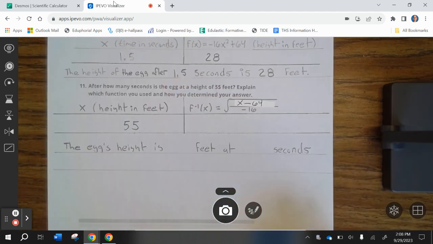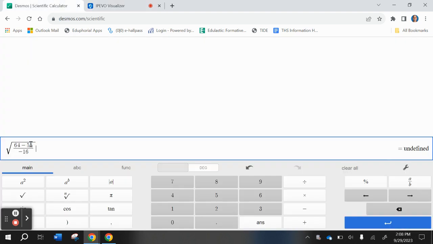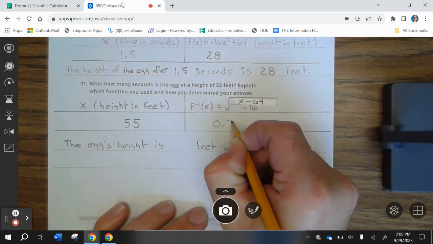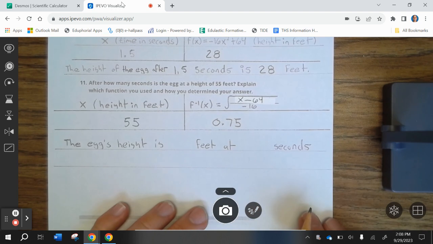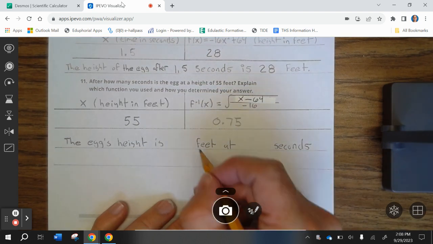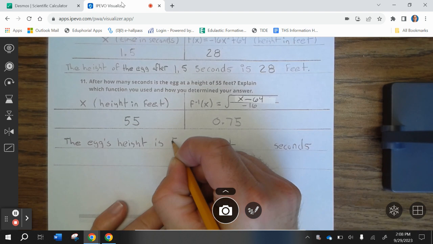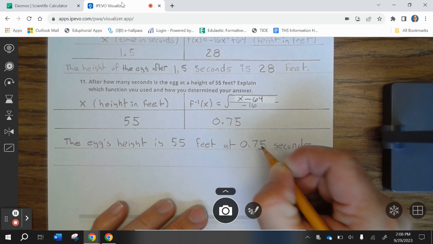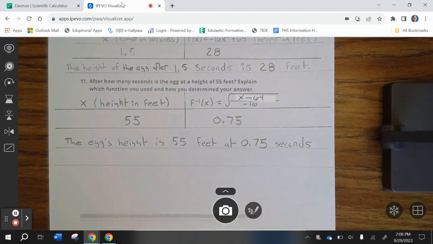So now, easy fix. 55 minus 64 divided by negative 16 is 0.75. So the egg's height is 55 feet at 0.75 seconds. All right, go ahead and finish it up and have a wonderful Wildcat day.